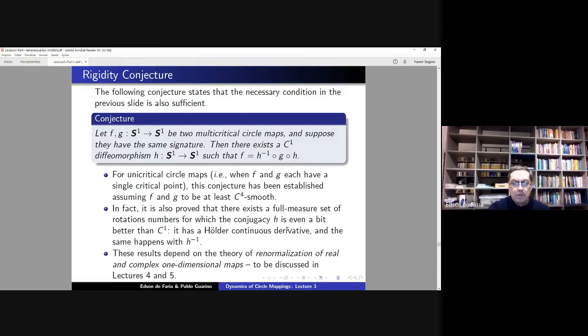Okay. But the proof of this conjecture in the unicritical case is quite deep. It involves techniques coming from complex dynamics, from, in fact, renormalization of complex one-dimensional dynamical systems.